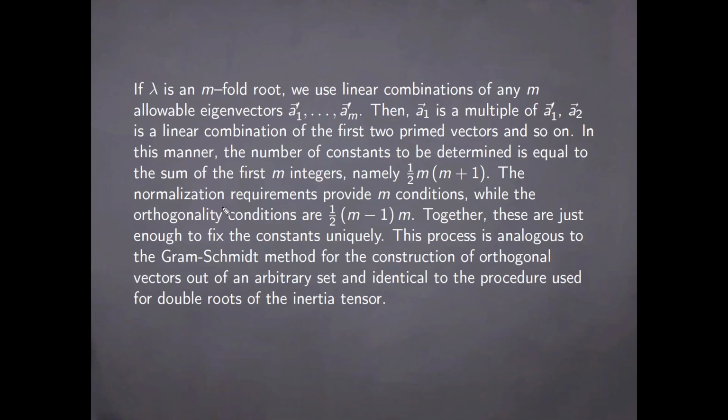The normalization requirements themselves provide m conditions, while the orthogonality conditions are of the number given here. So adding these all together, we obtain enough conditions to fix the constants uniquely. And really this process is completely analogous to the well-known Gram-Schmidt method for the construction of orthogonal vectors out of an arbitrary set, and it's identical to the procedure that was used for the case of double roots of the inertia tensor.